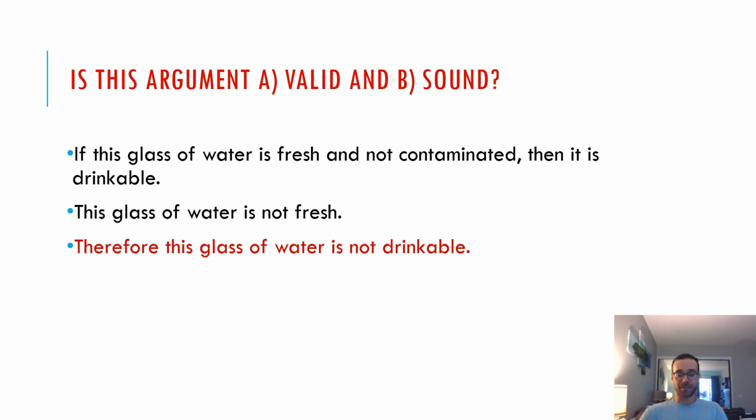The first premise gives us criteria for water that is drinkable, but just one criteria. There could be other criteria that allow for drinkable water. So we might have drinkable water that's not fresh and is contaminated, or we can have drinkable water that's not fresh and not contaminated, or we can have drinkable water that's fresh but not contaminated.